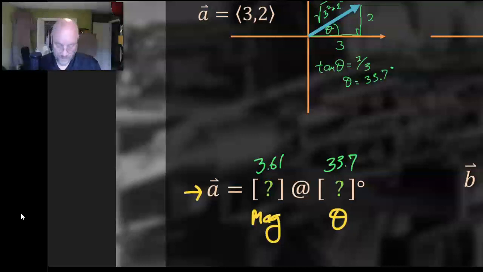These are normally measured from the positive x-axis, but as long as you know where you're measuring it from, it's fine. A lot of people worry about what if it's greater than 90 degrees. Whatever, as long as you can tell what it is.